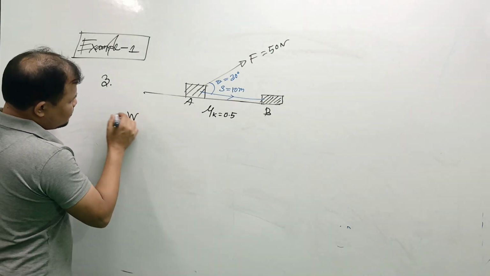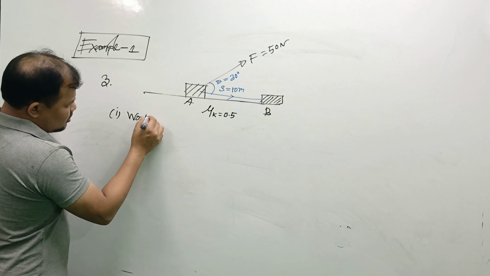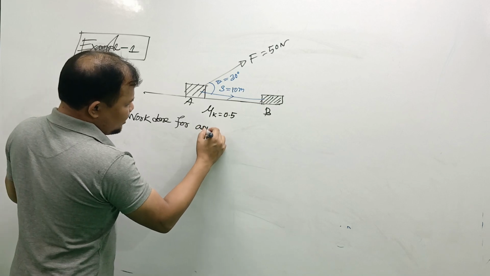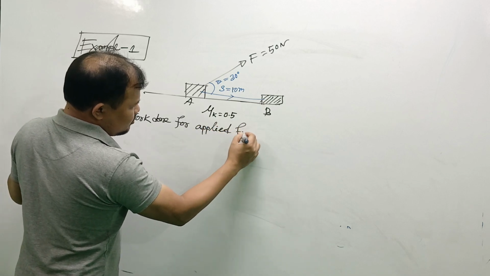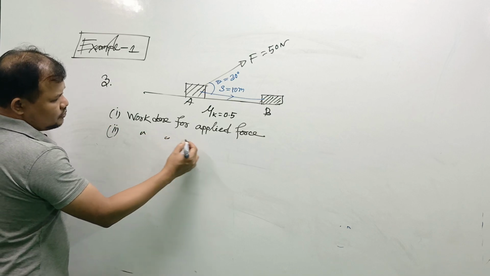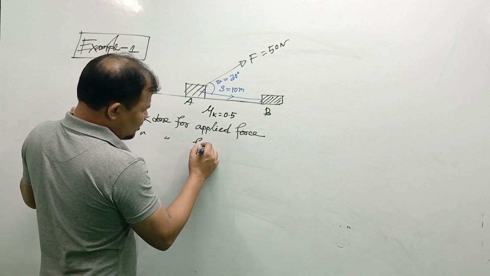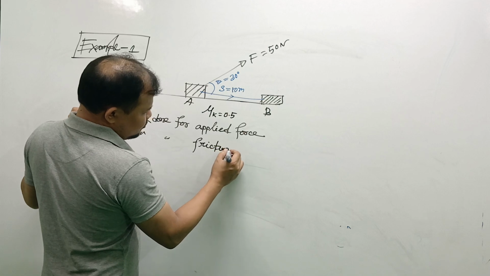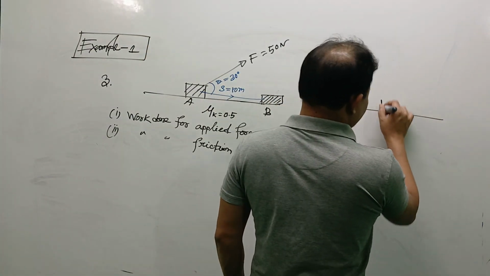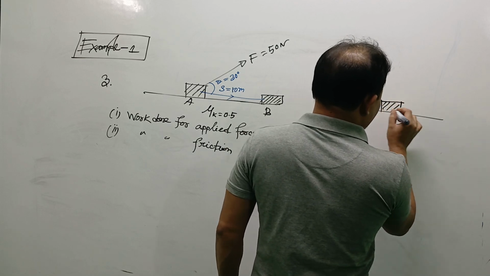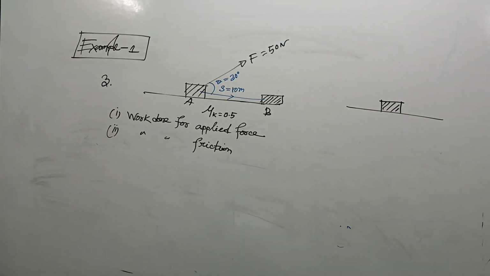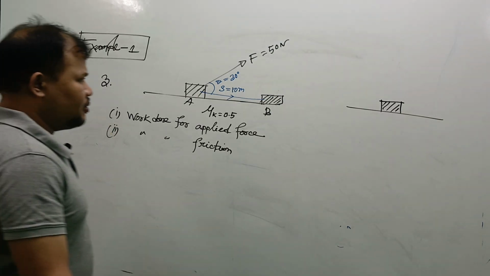Number 1, work done for the applied force. Number 2, work done for friction. My dear student, at first I give you the example and a special description, then we try to solve this problem.